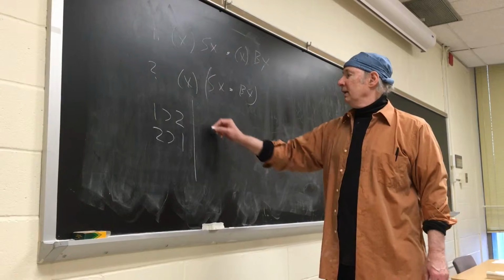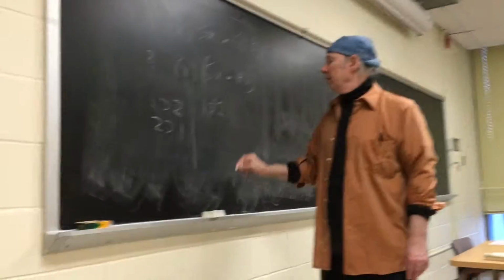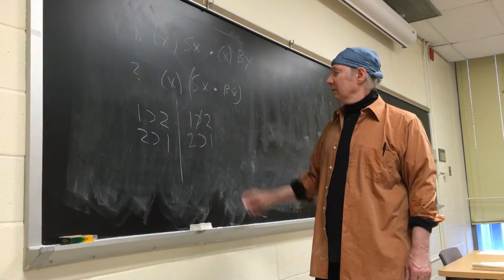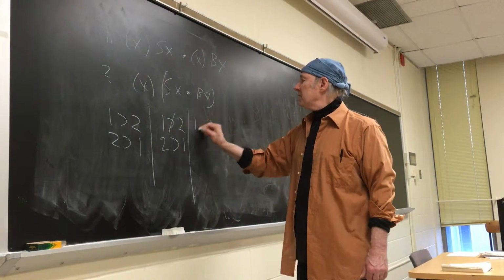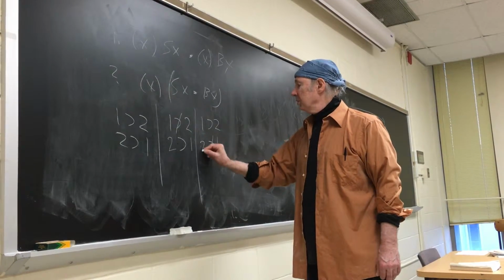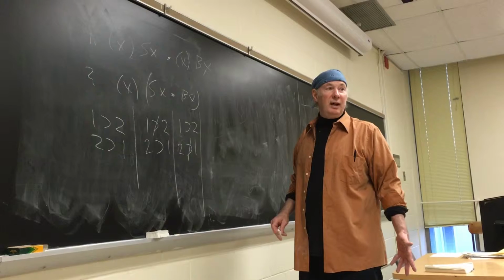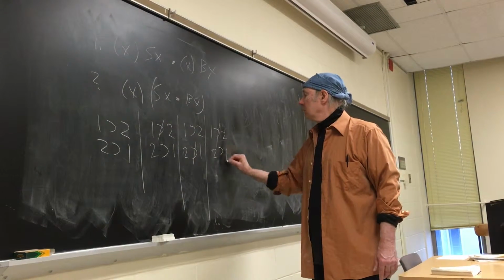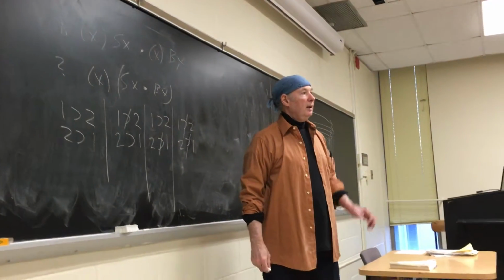Or it could be that 2 doesn't follow from 1, but 1 does follow from 2. Or it could be that 2 does follow from 1, but 1 doesn't follow from 2. Or the fourth possibility is neither follows from each other. One of these is correct, the other 3 are incorrect.